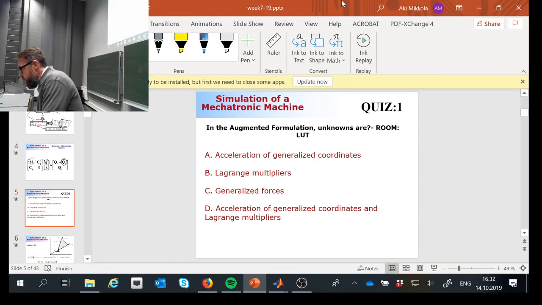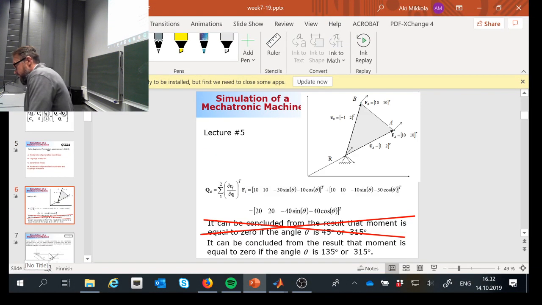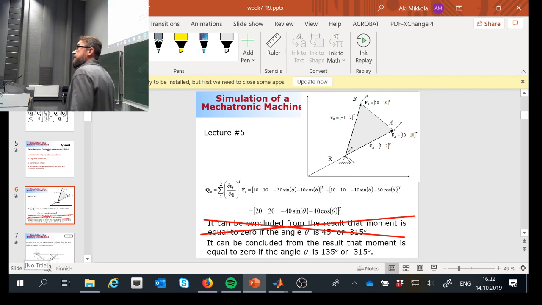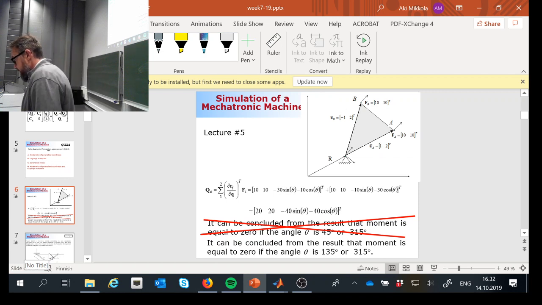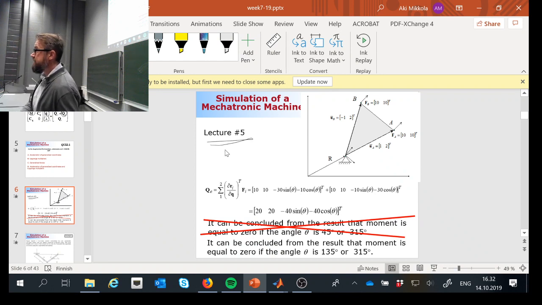Now, while they're thinking, let me show you something. This came from one of you. You sent me an email asking what the deal was with a lecture delivered a few weeks back. This was actually lecture number 5. In lecture number 5, everything seems to be correct except the last explanation provided in the slide.